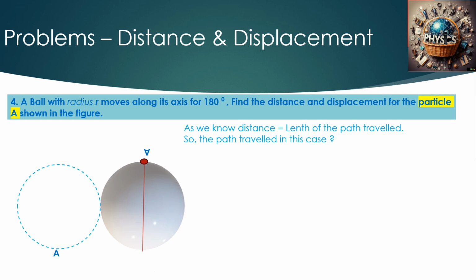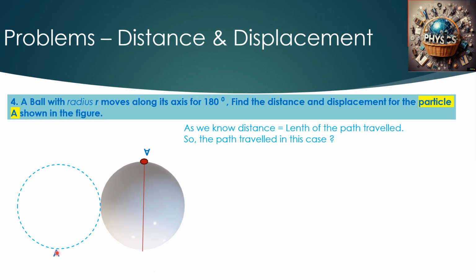This is A here. And then when we try to visualize this, the total distance the particle A has traveled is basically from this point till this point. Since the ball also moved, the A is actually located here, which clearly means that the object has moved through half the circumference of the circle, which is also the distance that the ball has traveled in the forward direction.